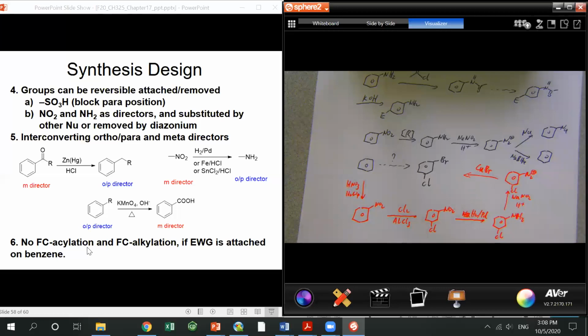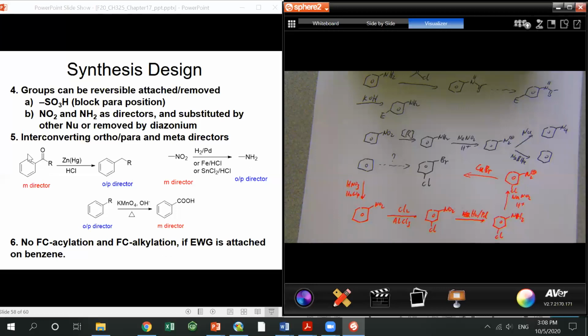So if there's something you want to synthesize at non-ideal positions, for example, the group already on benzene is a para director, but here the conditions call for meta, then you can think about using these two, okay. So one we already learned, the nitro, and then you reduce it to the aniline, amine, okay.